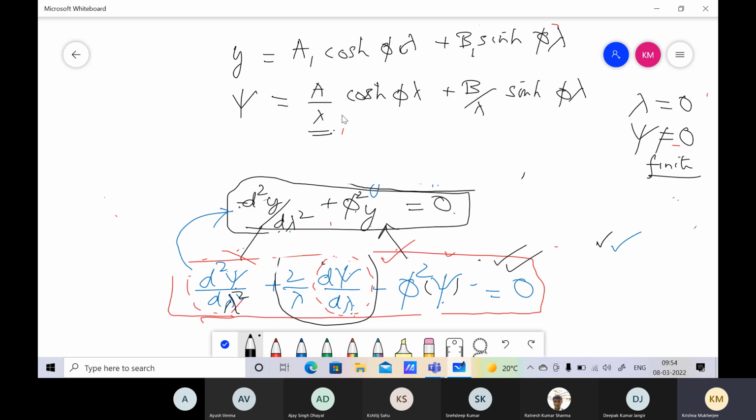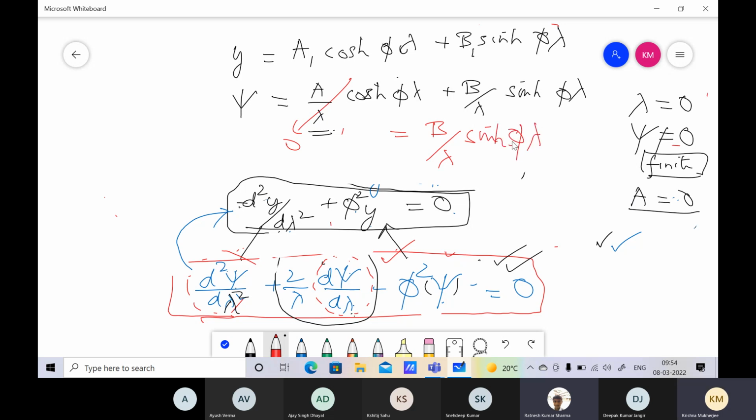So by definition, from this boundary condition, I can say that a is equal to 0 if phi is finite. So I can use a much simpler boundary condition and say that this term is 0. So phi becomes equal to b by lambda sine h phi lambda.